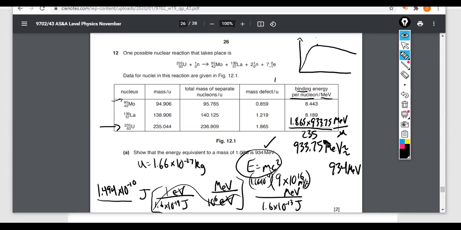So in your calculator, if you've got 933.75 still there from this calculation, we're going to multiply that by the mass defect, 1.865. And that gives us 1,741.44 mega electron volts in the entire nucleus. So per nucleon now, divide that by 235 nucleons in this uranium atom.